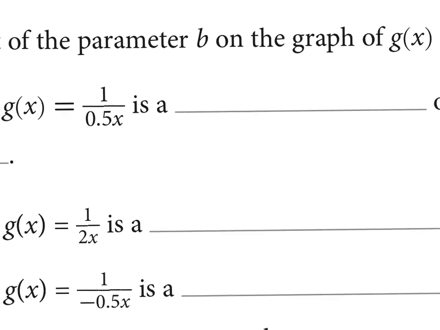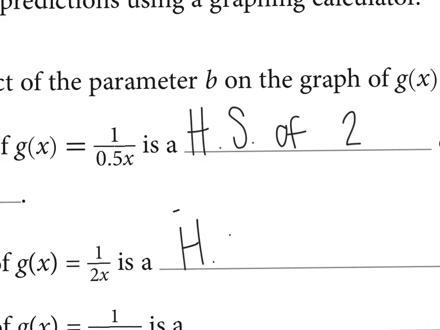So 0.5x, what is that going to do to the graph? It's a horizontal stretch by a factor of 2. Why 2 and not 0.5? We have to remember the reciprocal. Okay, so what about 1 over 2x? It's a horizontal compression of 1/2.